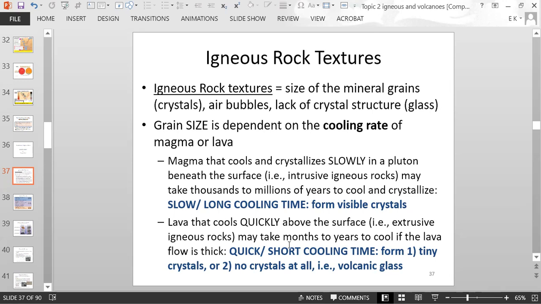Okay, you see the contrast between months and years compared to thousands to millions of years. So because this is a quick or short cooling time, you're going to form either tiny crystals or no crystals at all. So the rate at which the magma or lava cools is going to give you different grain sizes.